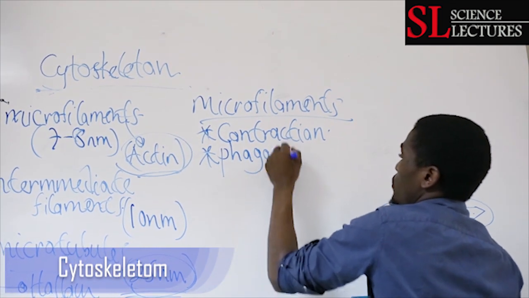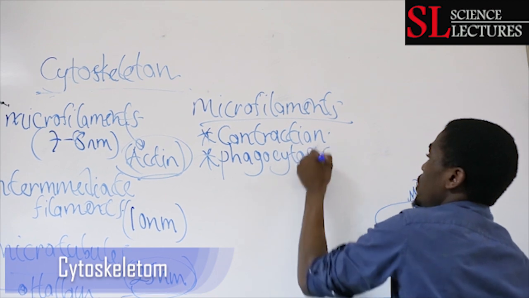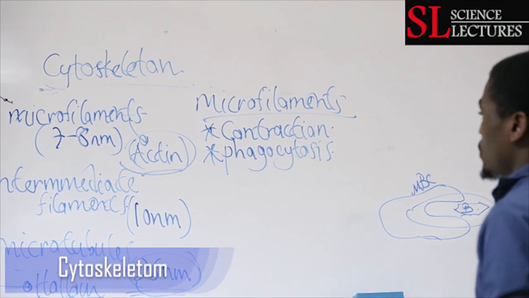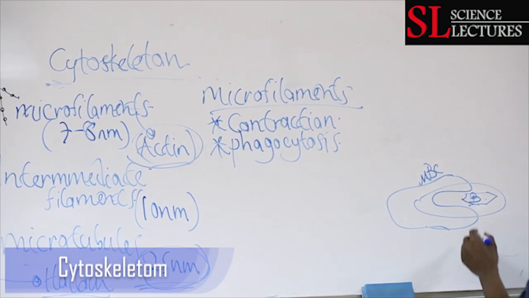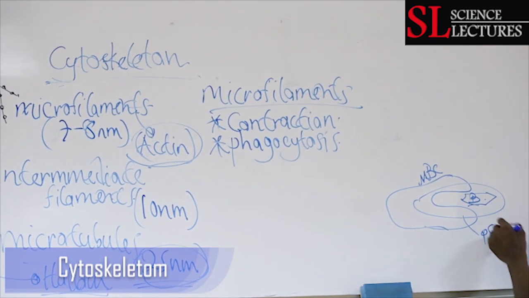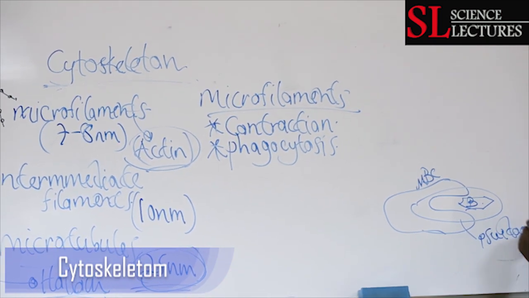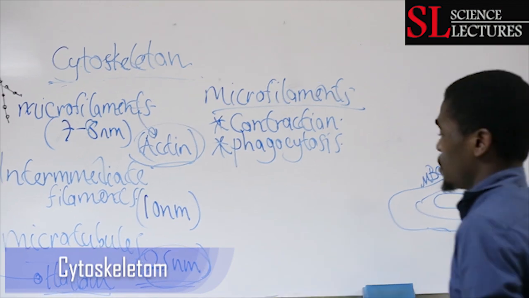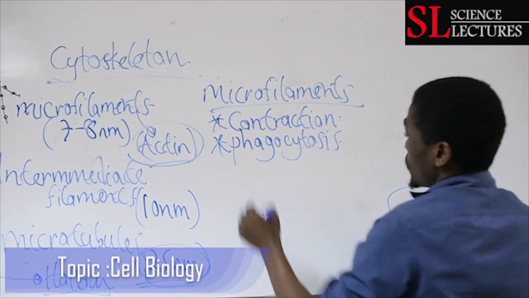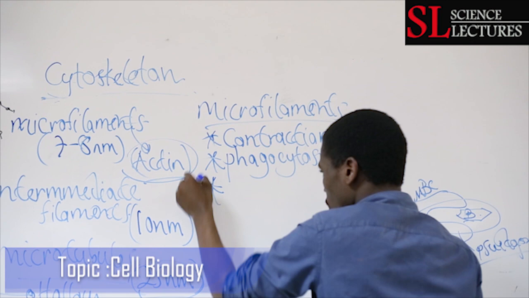For phagocytosis to happen, we need the microfilaments to form the pseudopod, or false foot, for engulfing, in our white blood cell or in an amoeba. So that is phagocytosis.